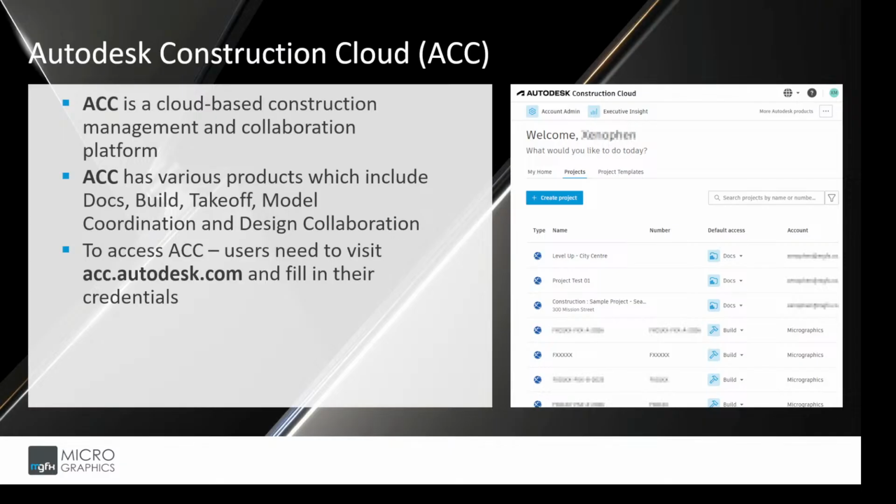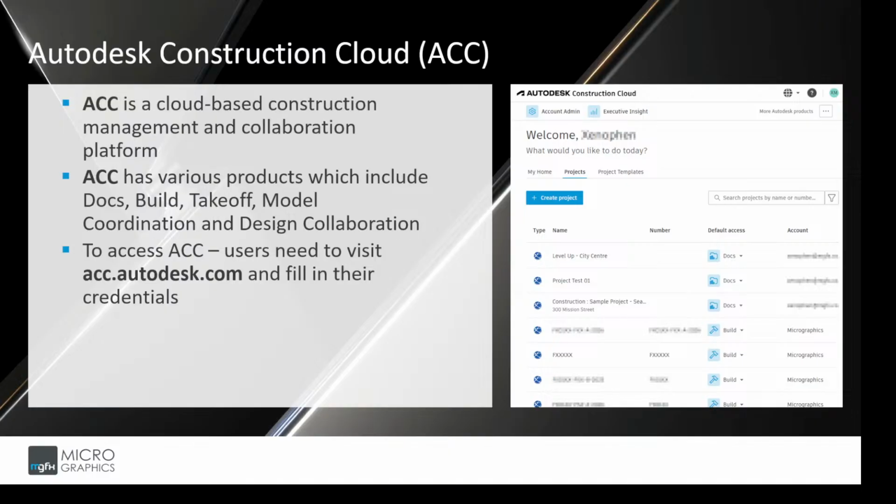So, looking at the Autodesk Construction Cloud. ACC is a cloud-based construction management and collaboration platform, right? To access the Autodesk Construction Cloud, which is also known as ACC, users need simply visit acc.autodesk.com and then fill in their credentials.